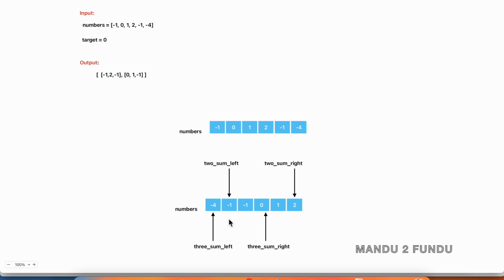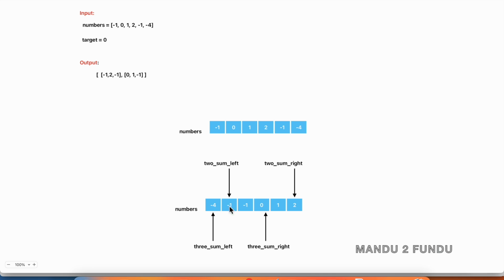In the second iteration, the three-sum left will advance to -1, and the remaining array will be looked up for any two numbers which add up to 1.